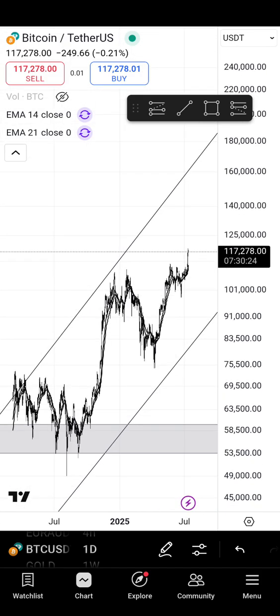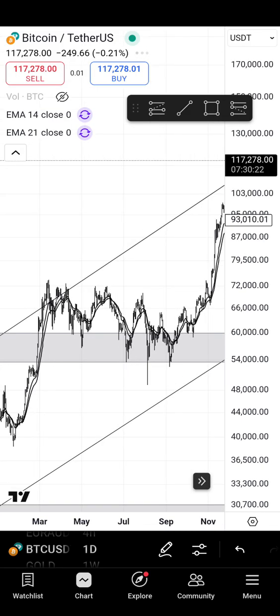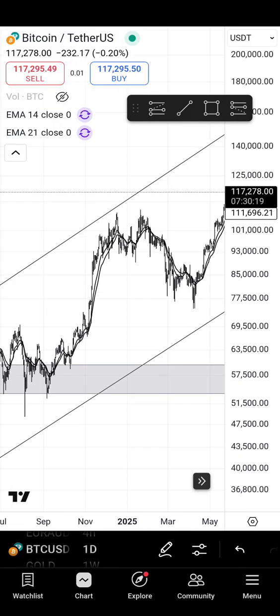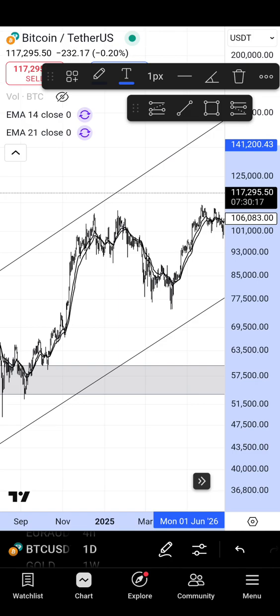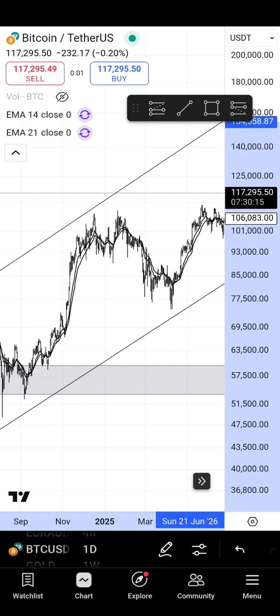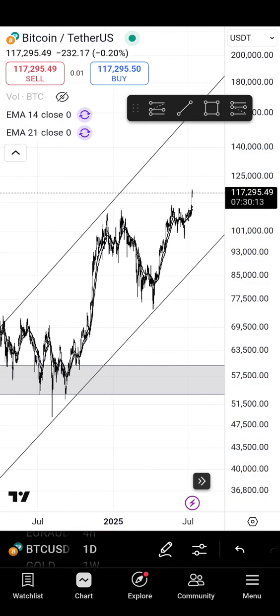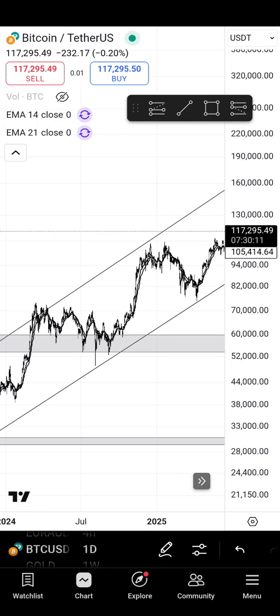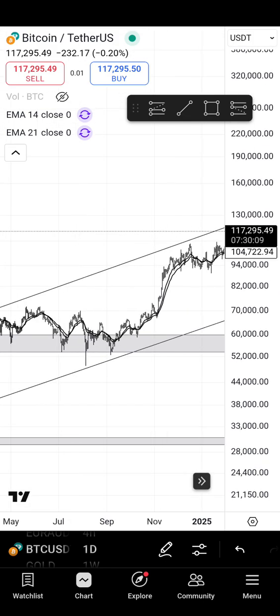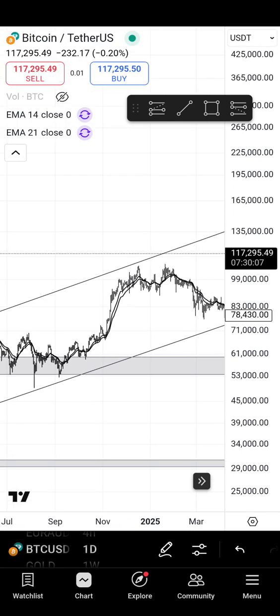This is clearly a market that is respecting this weekly channel. I can adjust it a bit, come down again. As you can see, every time the market comes to this lower part of the channel, it pushes up.